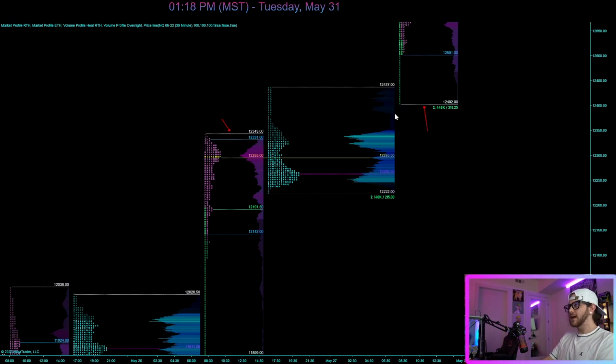So opening with a gap is basically opening above the prior session's high, and that's the New York session, right? Because this is the overnight, and we technically are opening within this overnight session. So we want to make sure that we are paying attention to the New York session or the regular trading hours session profiles, okay?